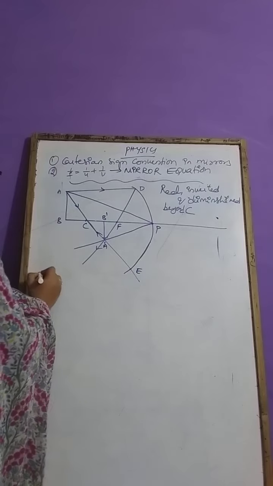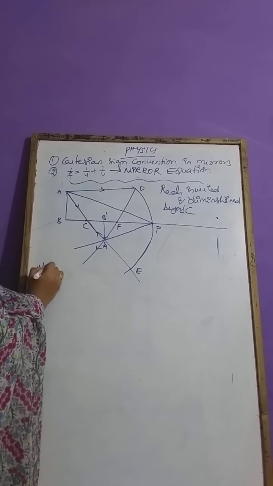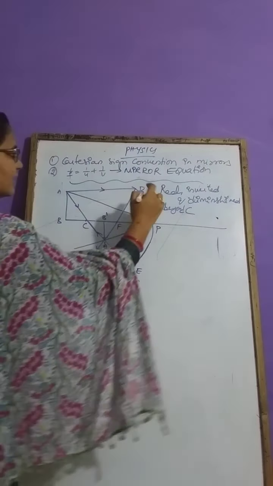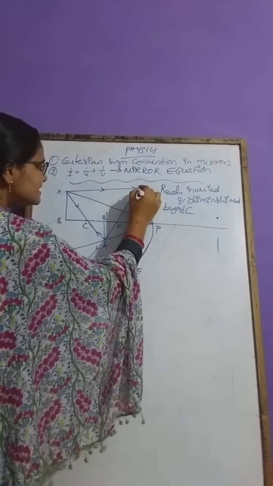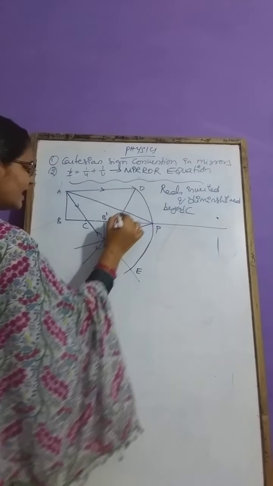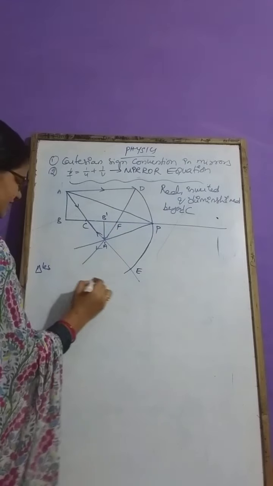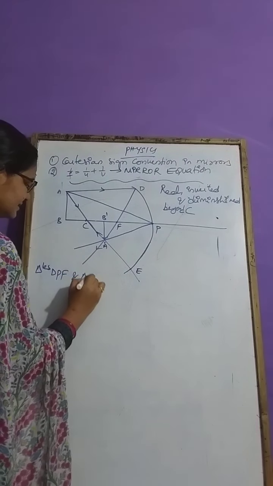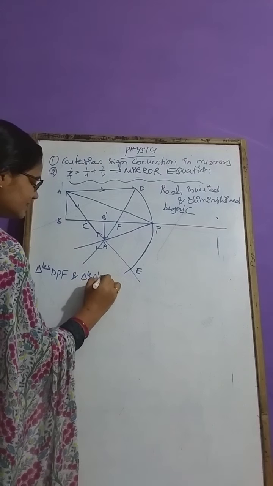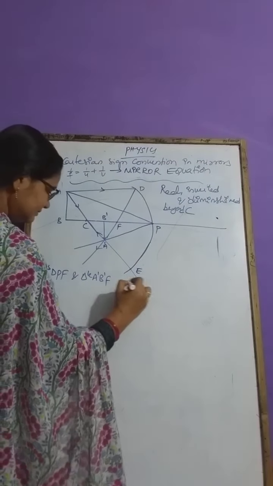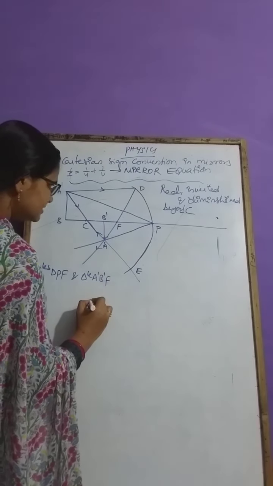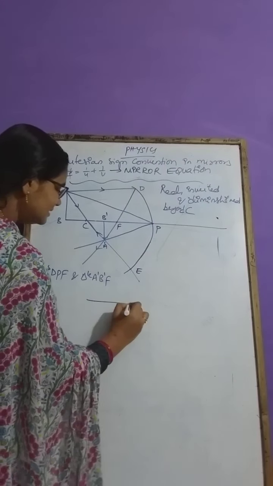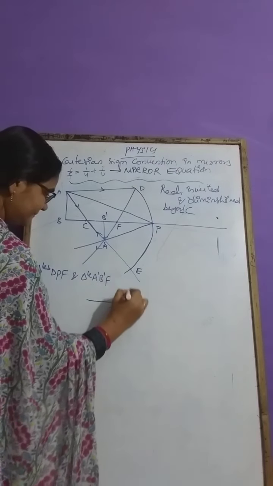So first of all, let us consider two triangles. We say this is triangle DPF and triangle A dash B dash F. I'll draw the image of it in a simple way because this has been clustered.